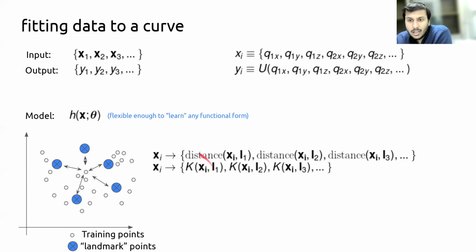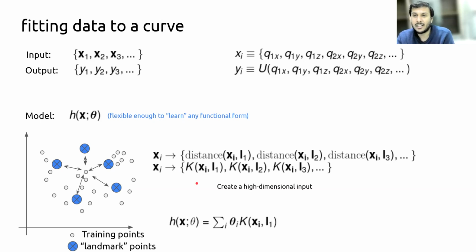All right. Now, for every distance metric, you can show that there is something called a kernel, which basically measures this distance, if you will. So the idea is that the kernel encodes the complexity to define the distance, right? This is a trick which allows you to create a very high dimensional input.